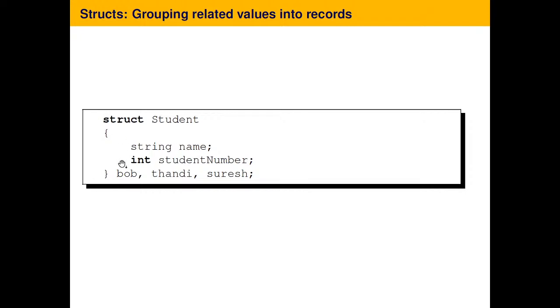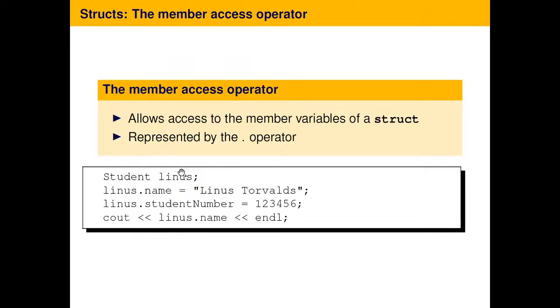By doing this, you've created a variable of type student called Bob, a variable of type student called Tandi, and a variable of type student called Suresh. That is not something you'd put in your header file. You'll very rarely see this, but we remind you that it is possible to do that.